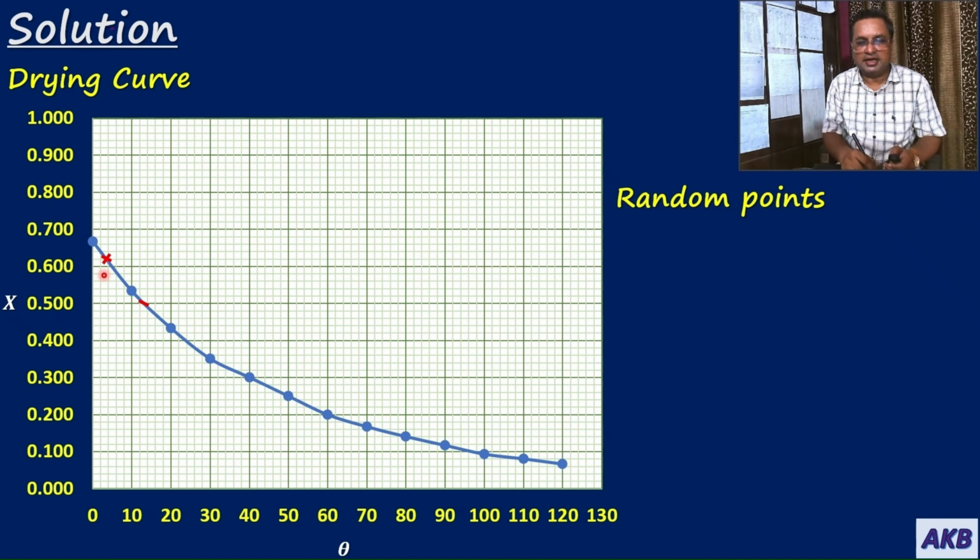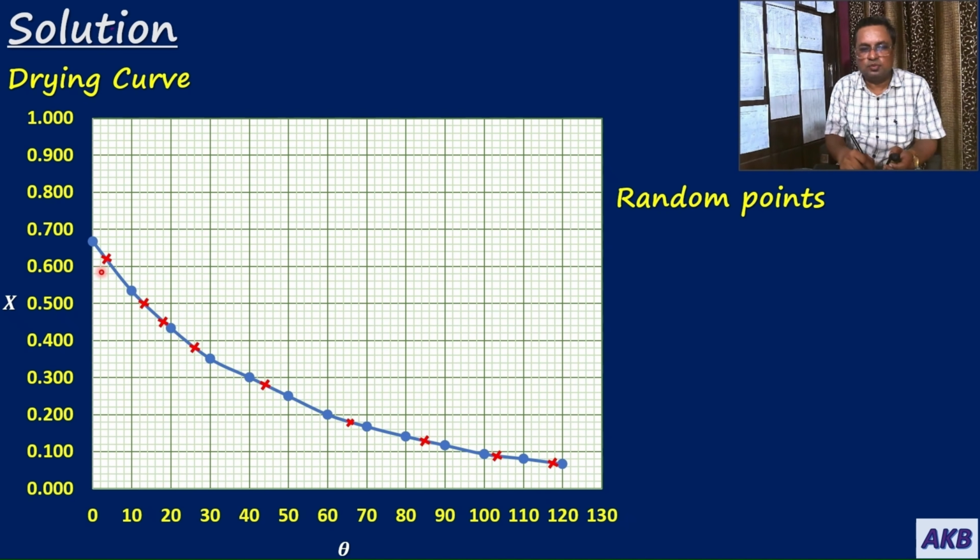So you can see I'm selecting these random points. This red cross represents the random points that I have selected on the drying curve.